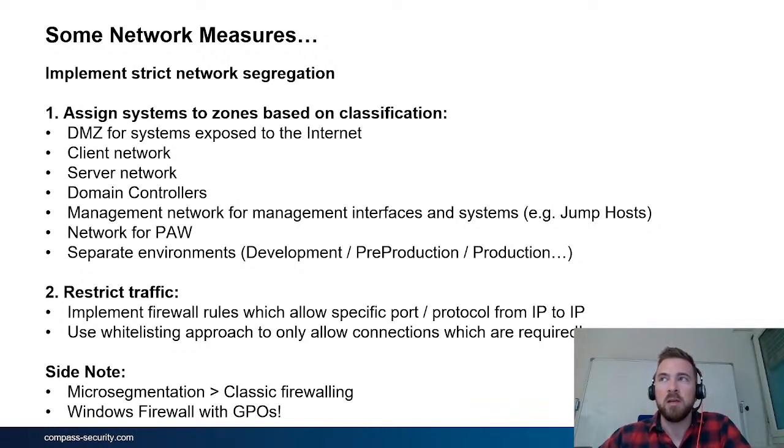And you could technically create one big flat network where all the machines are in, and with microsegmentation have a very strict firewalling concept in place and centrally manage it. And also, many people underestimate the power of the Windows firewall. So you can actually harden your firewalls with GPOs, meaning you could have kind of a microsegmentation light concept like that.